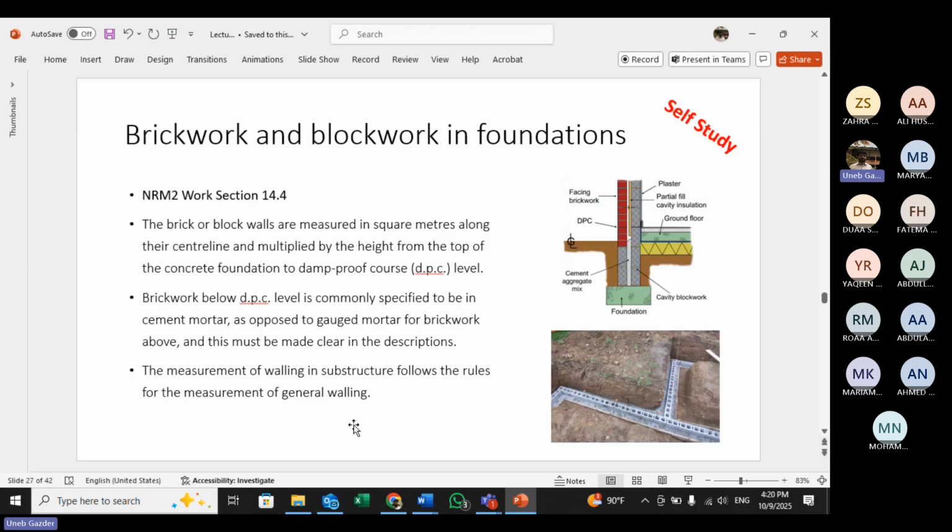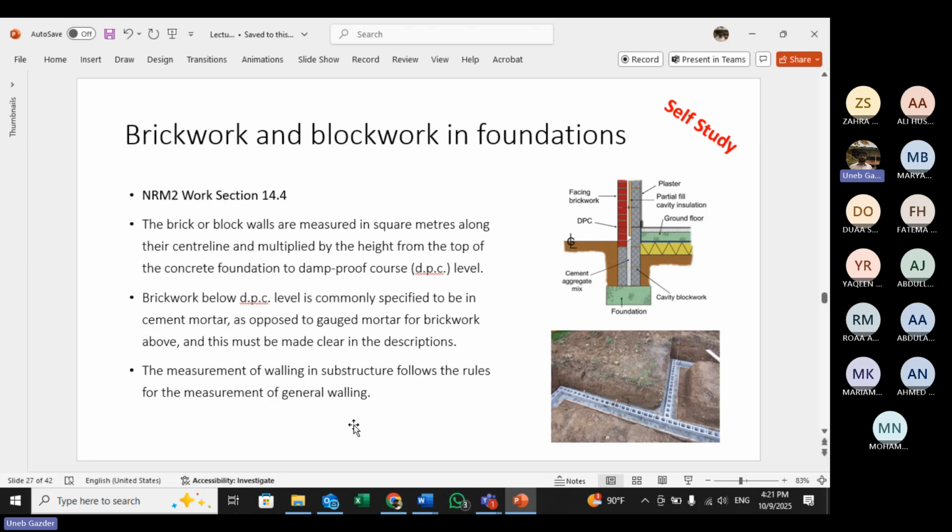Then we have the block work and the brickwork in the foundation. As I mentioned earlier, foundation here means anything under the ground level. Your wall could be made up of concrete block or clay brick baked in an oven, and it is measured in square meters along the center line.